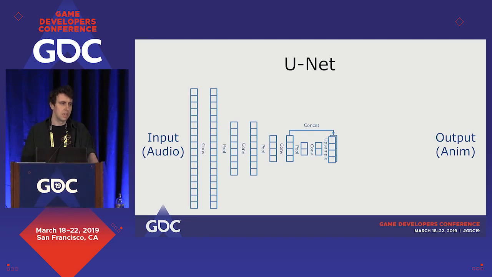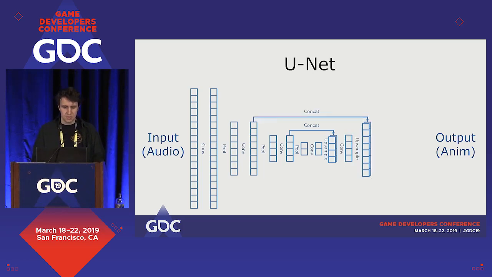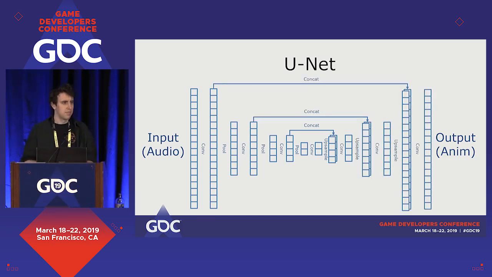You can use bilinear upsampling or nearest neighbor, whatever you want. And then you concatenate the features from the corresponding layer, which is the same size. And so you concatenate these neurons together, and then you keep doing this, and it looks something like this.